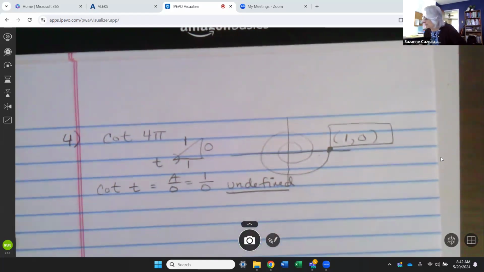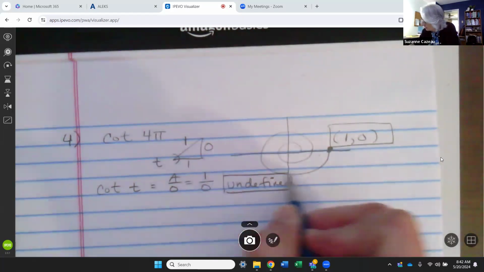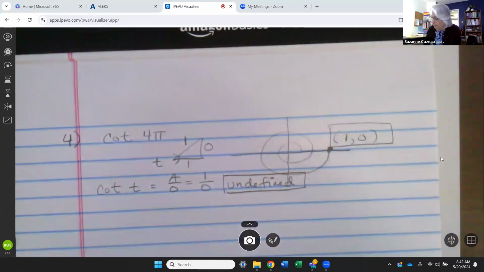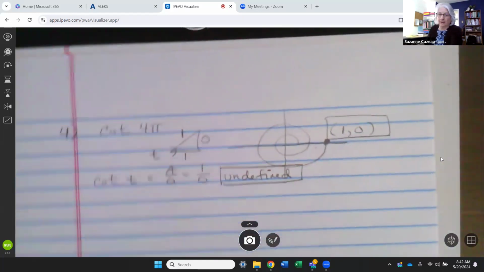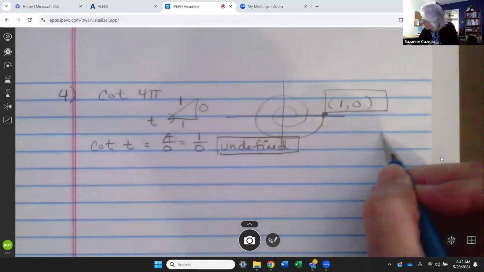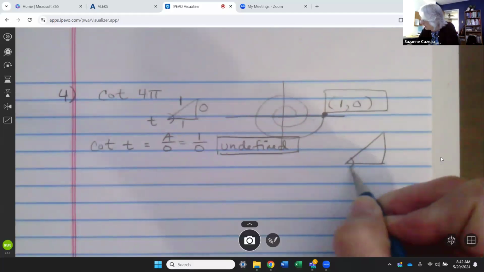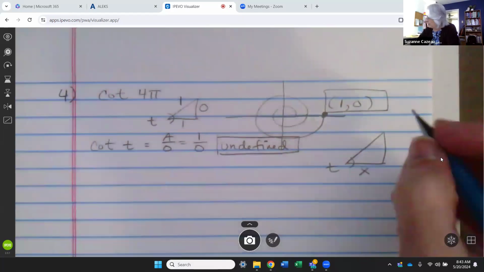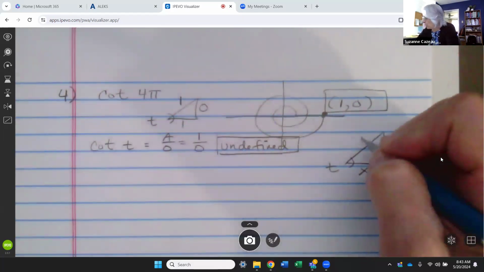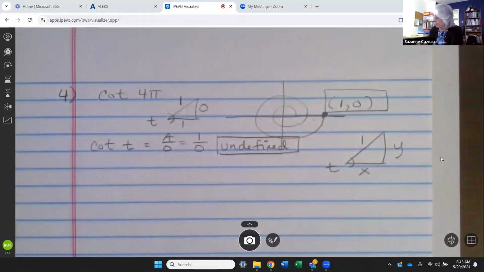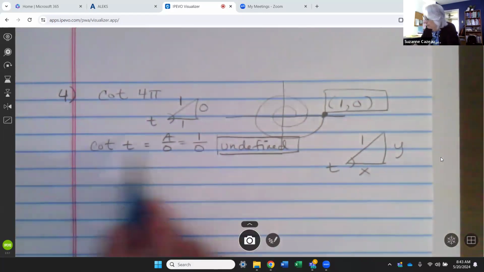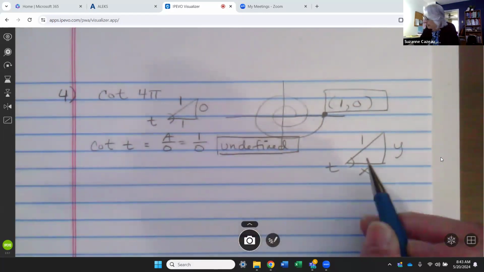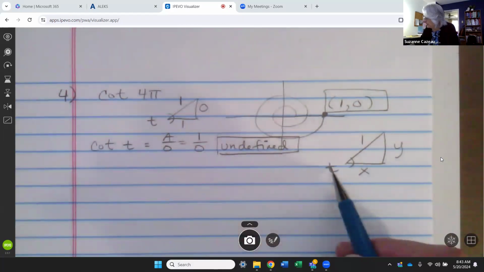But then to answer the other questions, they want to know about the triangle. So what I like to do for that triangle, the triangle is just T, and you've got X here, you've got Y there, and you've got 1 because it's the unit circle. And so the cotangent of T is going to be adjacent over opposite.